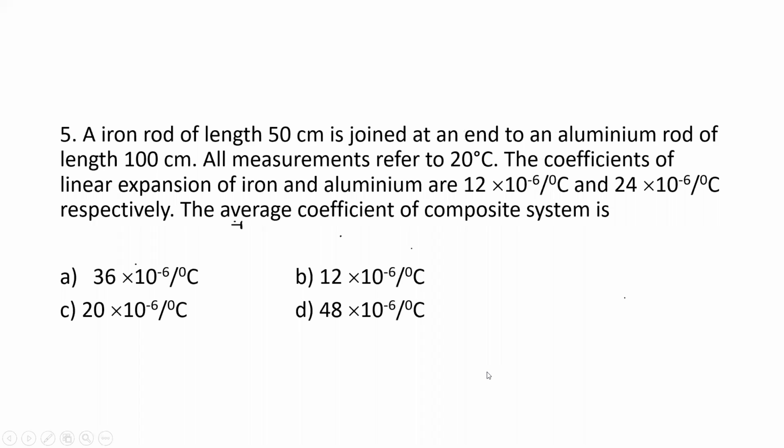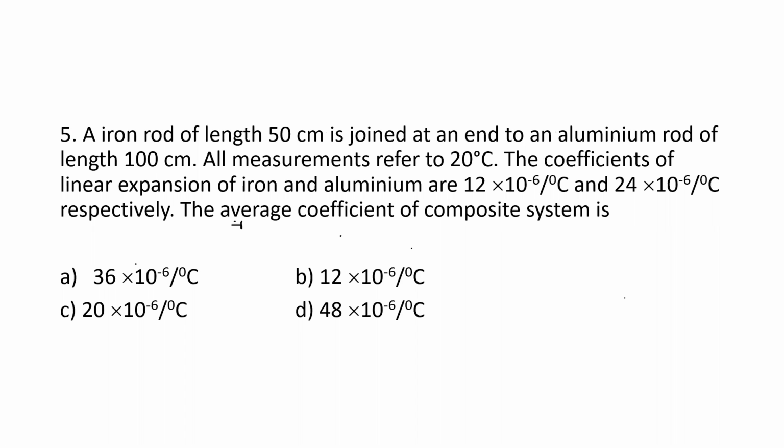Next. An iron rod of length 50 centimeter is joined at an end to an aluminium rod of length 100 centimeter. All the measurements refer to 20 degrees Celsius.